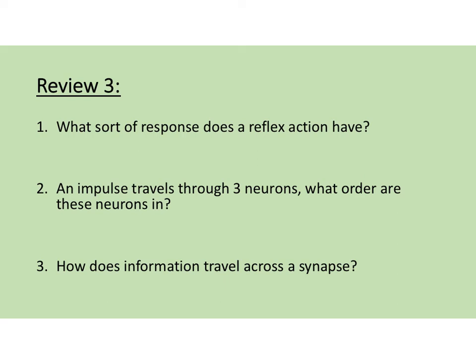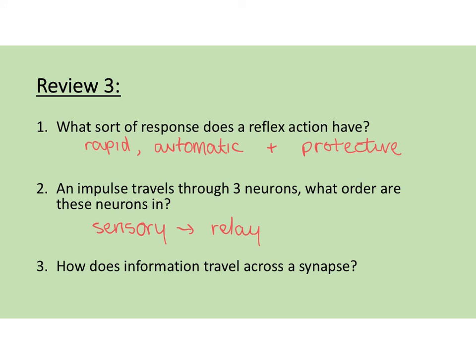Number 1, what sort of response does a reflex action have? So it is rapid, automatic, and protective. Okay. Number 2, an impulse travels through 3 neurons. What order are these neurons in? So again, we start with sensory, we move to relay, and then into motor.